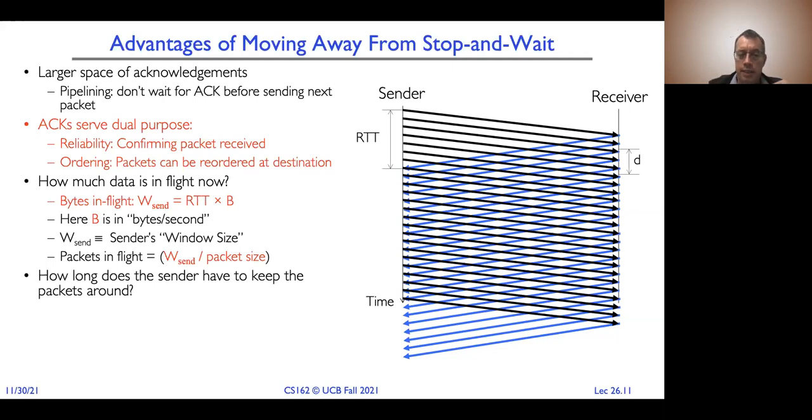How long does the sender need to keep packets around? Well, what is your answer? How many packets does the sender need to keep around, so that if the packets are lost, it can still fix the loss?